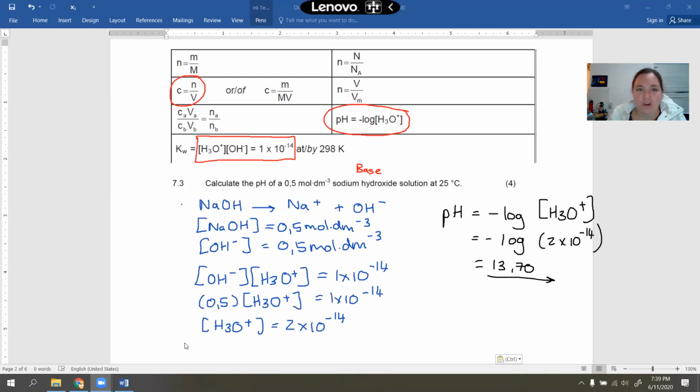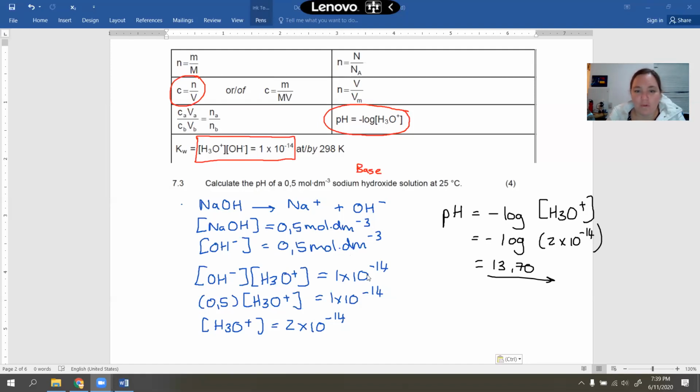So here's my full working out. Read the blue before you read the black. So what I did was I said that sodium hydroxide dissociates to give us 1-to-1 with hydroxide. So therefore the concentration of the hydroxide was also 0.5. I put in the formula, I did my substitution, I got to my answer.